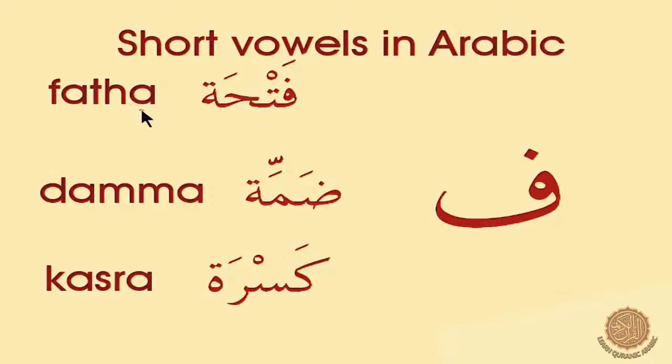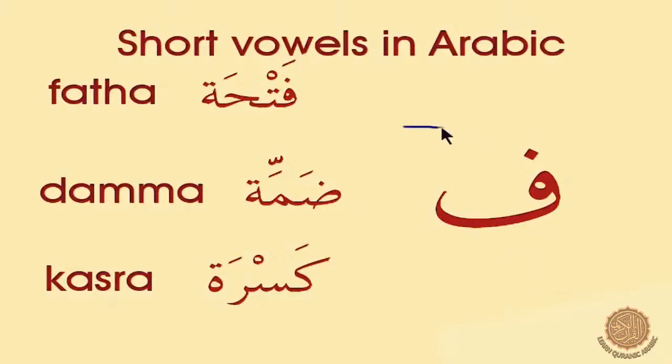So fatha will be written as follows. It's written with a line on top, like that. Al-dhamma will be as follows. It's like a small wow. And we have the kasra, which is like a fatha, but on the bottom.